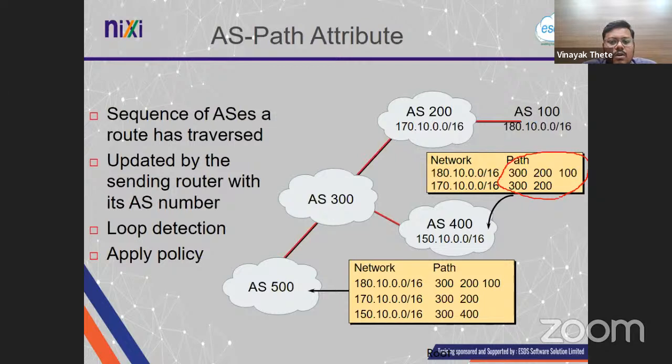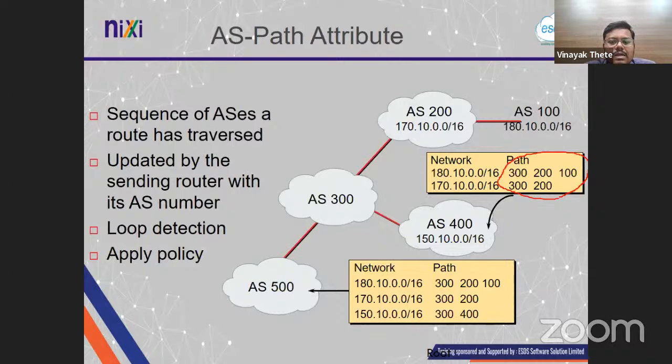So for this route, for example, 180.0.0.0/16, you can see the path attribute showing which AS numbers the route has traversed. So basically, it is used for identifying the origin of the route. Loop detection is also handled by the AS path attribute.